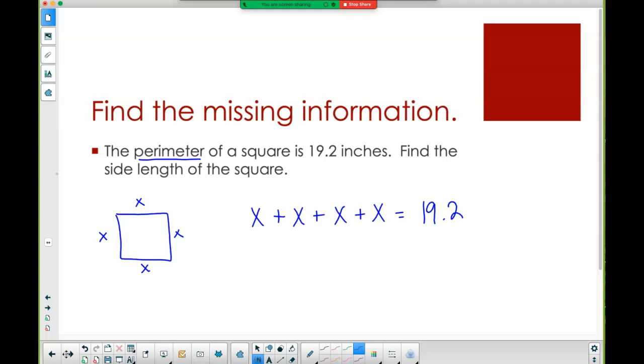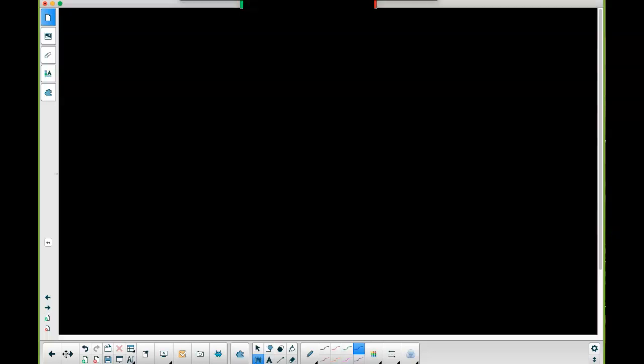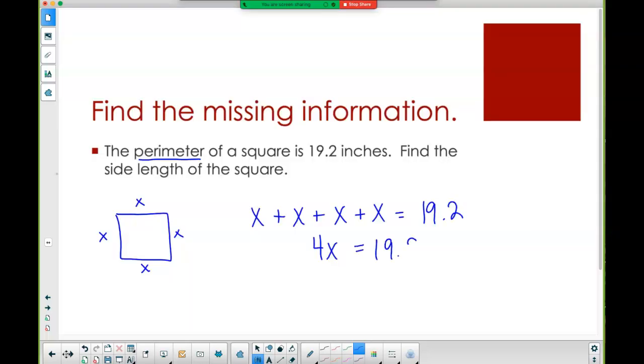How am I going to figure out what X is? Krista? Can you do 19.2 divided by 4? Absolutely. Because when you have these four X's, that's really just 4X equals 19.2. Okay, and then I can divide by 4.